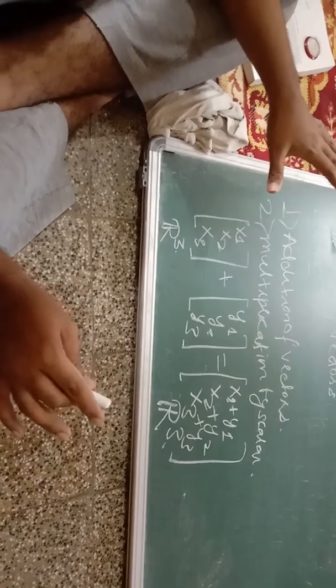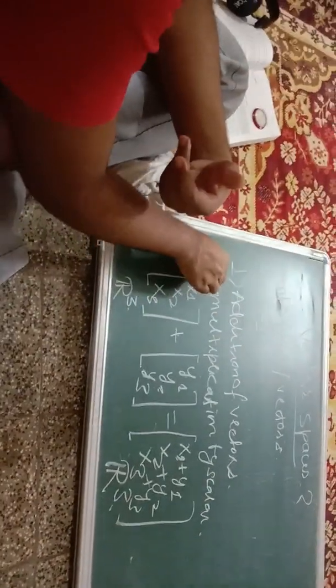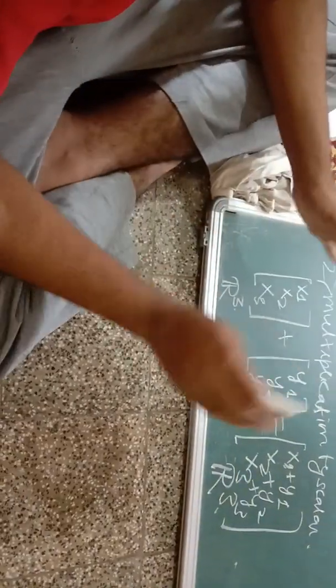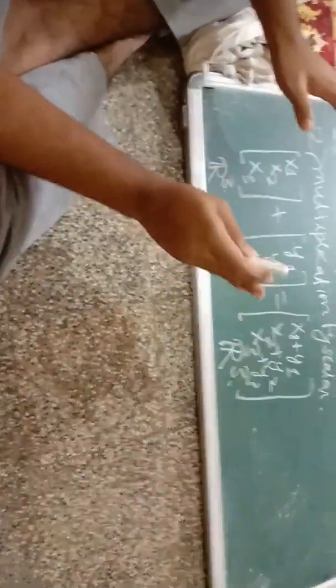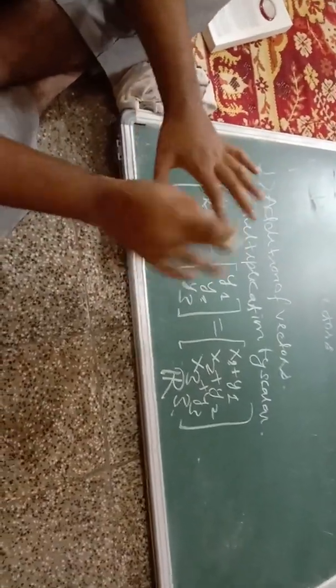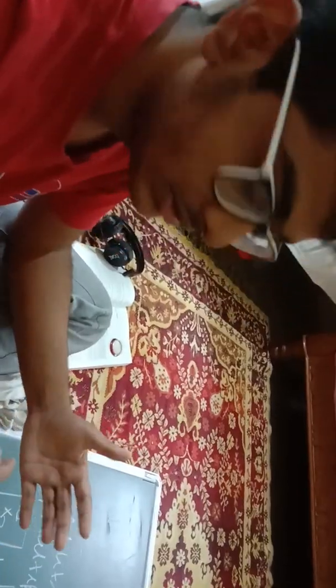So in a vector space you do addition of vectors, you do multiplication by a scalar, and the result will lie in the vector space itself. Everything has to be in the vector space. You can't go out of the vector space.